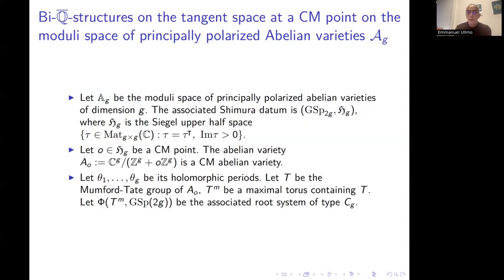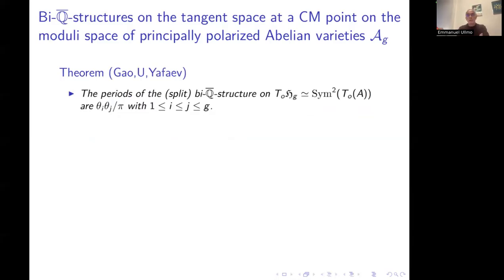And the result is that the period of the split Q bar structure at the tangent space of the CM point is really the square of the split Q bar structure you had on the tangent space of the abelian variety, almost twisted by something, in the sense that the periods on T0 of Hg are just the products theta i, theta j divided by pi.